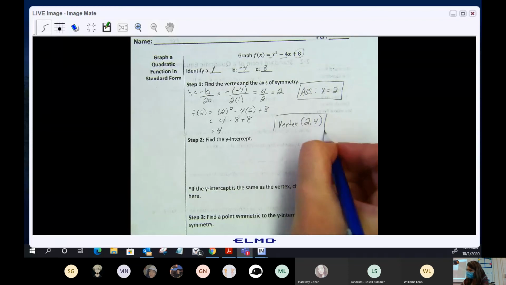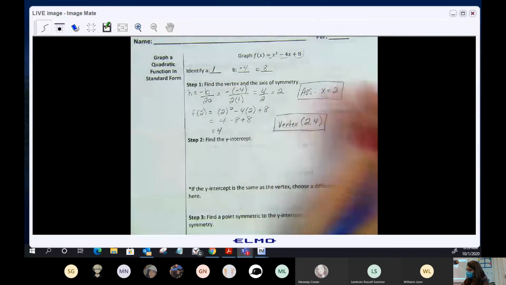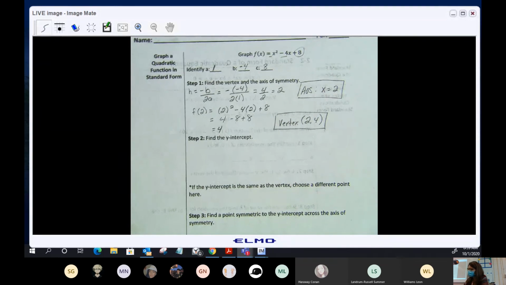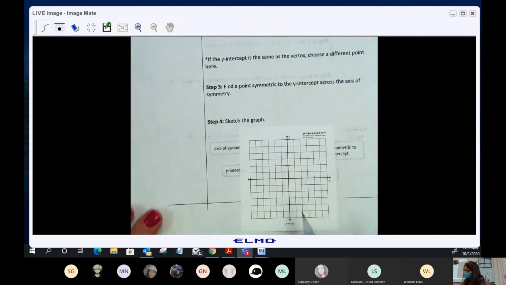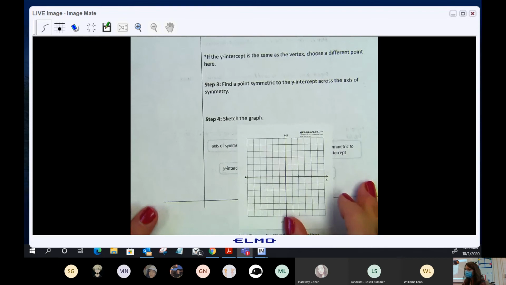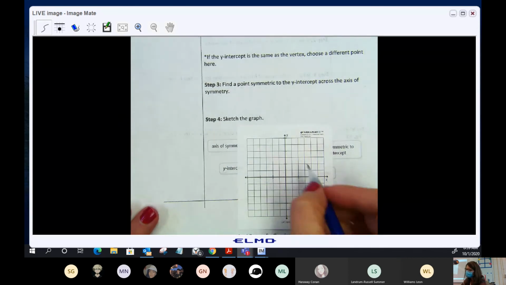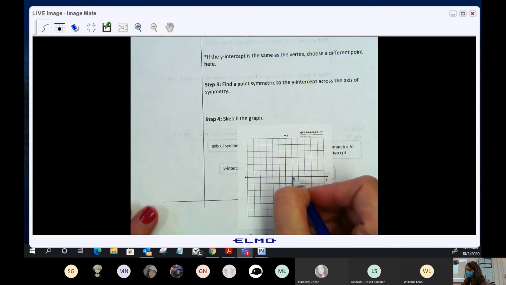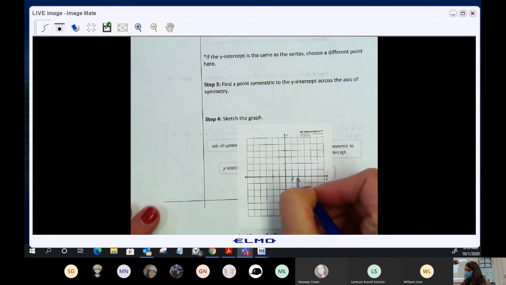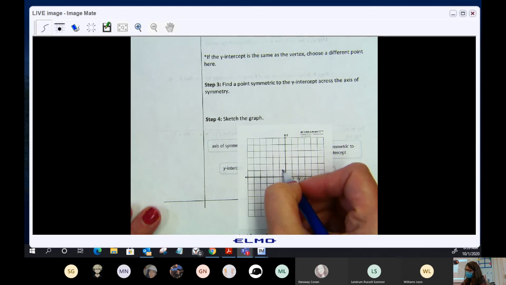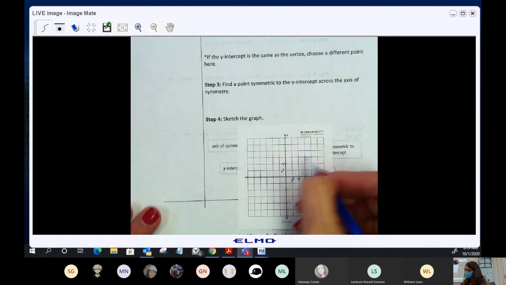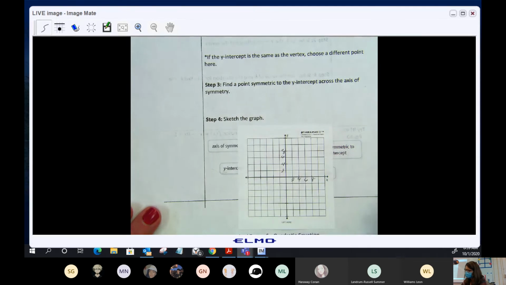And you know what? Let's just go down to the graph. Let's start doing this as we go. So I'm going to scoot this up here. I'm going to scale this by 2s. 2, 4, 6, 8. And we'll do this by 2, 4, 6, 8.